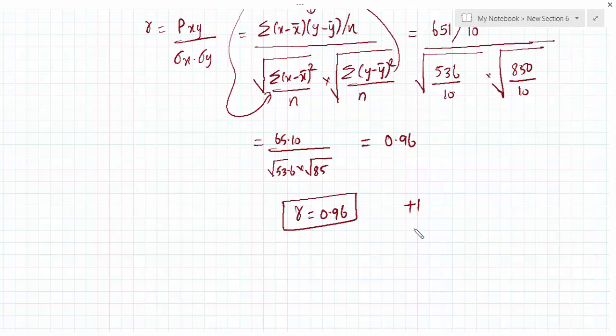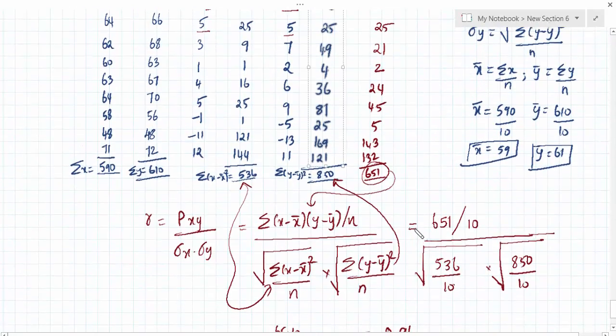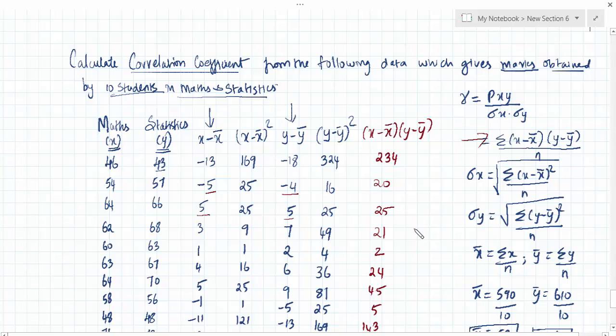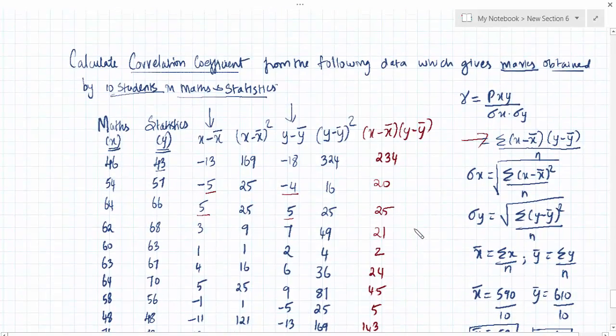So what does that communicate? There is a close relationship between the marks obtained by the students in these two subjects, that is mathematics and statistics. It means if a student is going to score a high mark in maths, he is going to score high marks in statistics also.